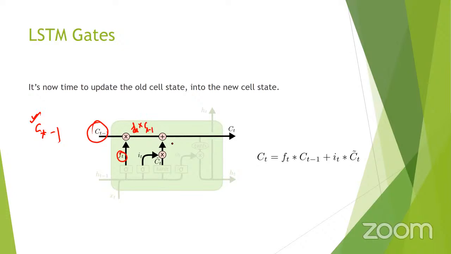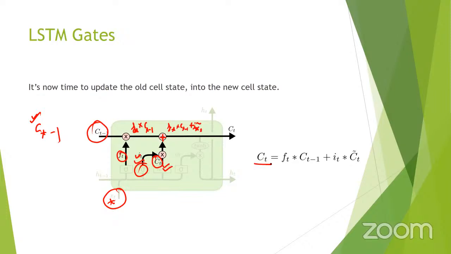And now from this input gate, I got the information for the inputs of the current time step T, and I will be adding those to my previous cell state. So here it will come FT into CT minus 1 plus IT into C dash T, where C dash T is your output from this candidate layer and IT is the output from the sigmoid of your input layer.